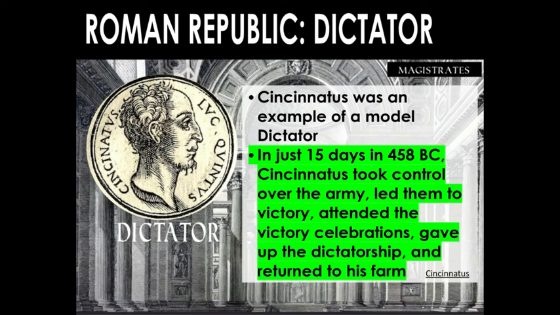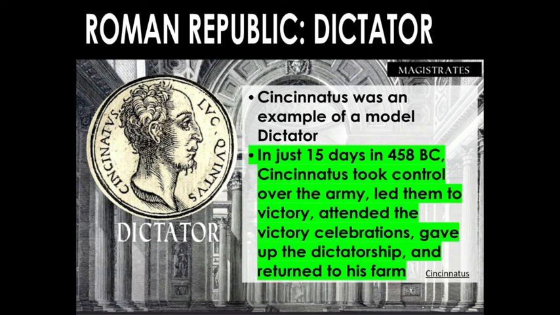In fact, he was a consul for a year previously, and his term ended. A few years later, they were in dire need of leadership as they were being attacked from the south and southeast. So they didn't have time to go through every step. So they elected Cincinnatus as dictator. Well, he took over, made the right decisions.